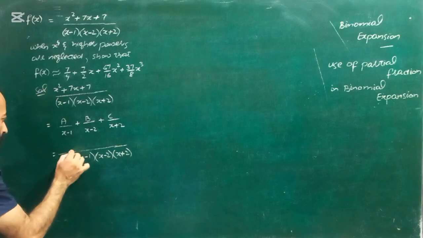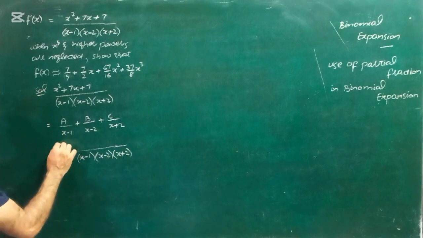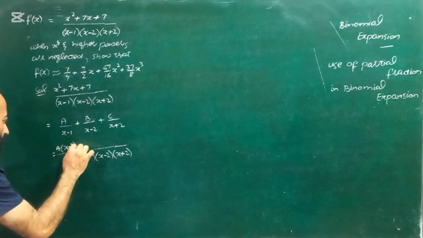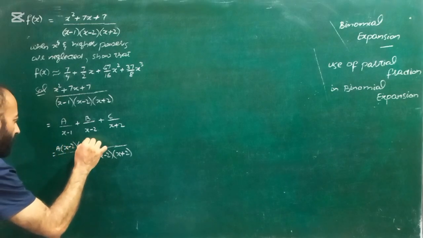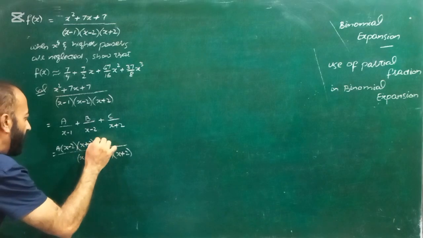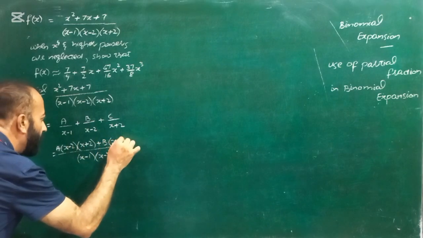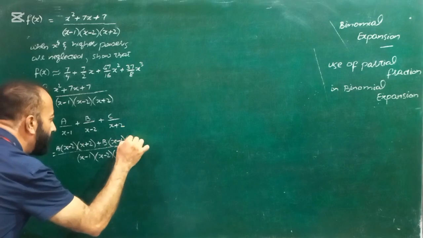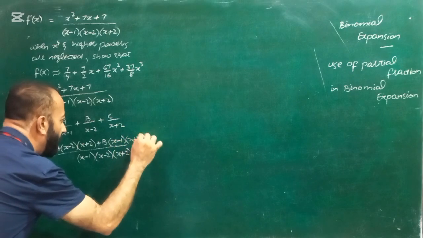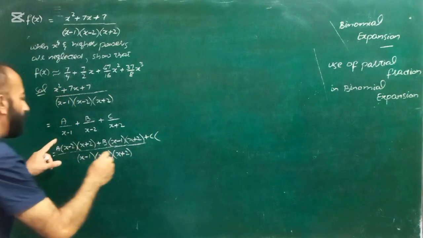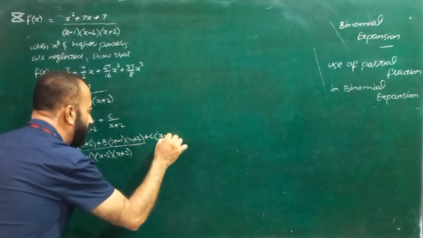So here it will become a into x minus 2 into x plus 2 plus b into x minus 1 into x plus 2 plus c into x minus 1 into x minus 2.